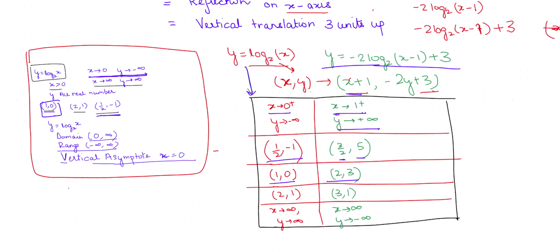Now this one was 2, 1, which is transformed to 3, 1. And when x tends to infinity, y was tending to infinity, here because it is multiplied by negative, it is tending to negative infinity. So let's try to graph this.